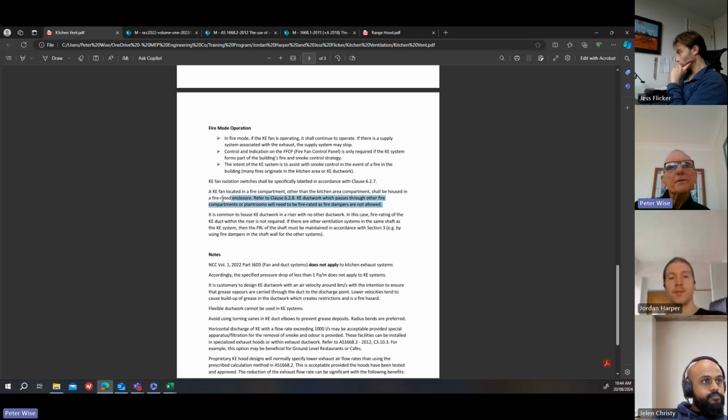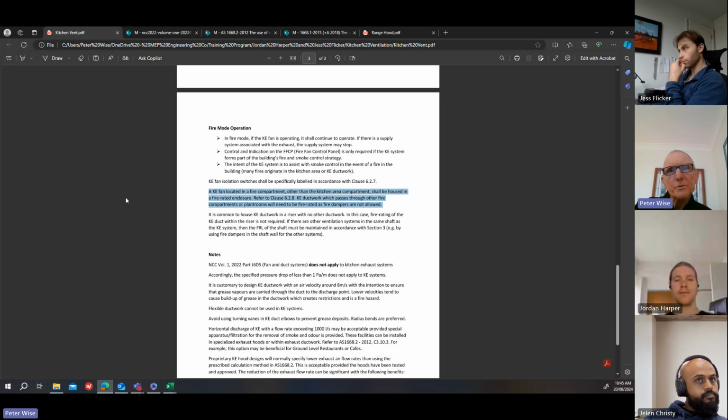Now, the kitchen exhaust fan, if it's located in a fire compartment outside the kitchen area compartment, which it normally is, so the kitchen exhaust duct comes out of the kitchen. Let's say it's a multi-storey building. The kitchen exhaust duct will run horizontally out of the fire compartment, and then there may be a plant room next door, or there might be a plant room somewhere else in the building.